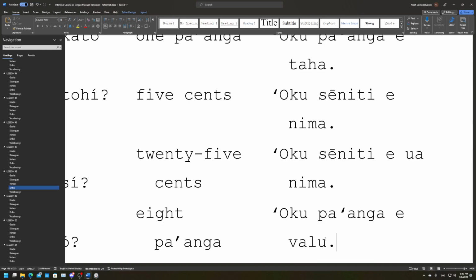So 3 is tolu. Fitu, you said the wrong word for fitu. 7, I don't remember. It wasn't Tongan.